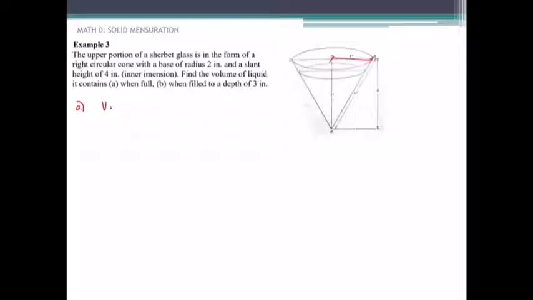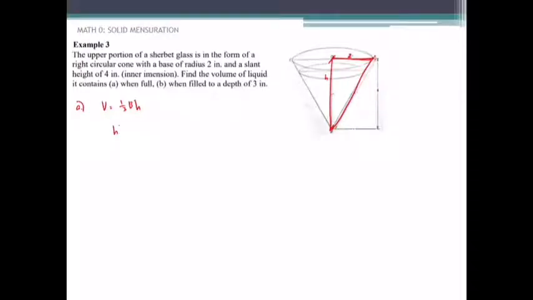Volume is 1/3 base times height. Our base has radius 2. Our height, we do not have yet. But this one is 4 and this one is 2. So we get the height using the Pythagorean formula.